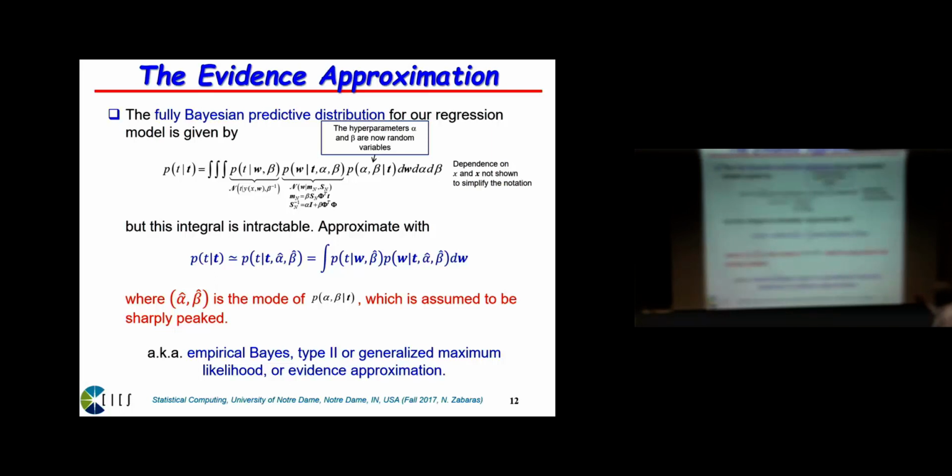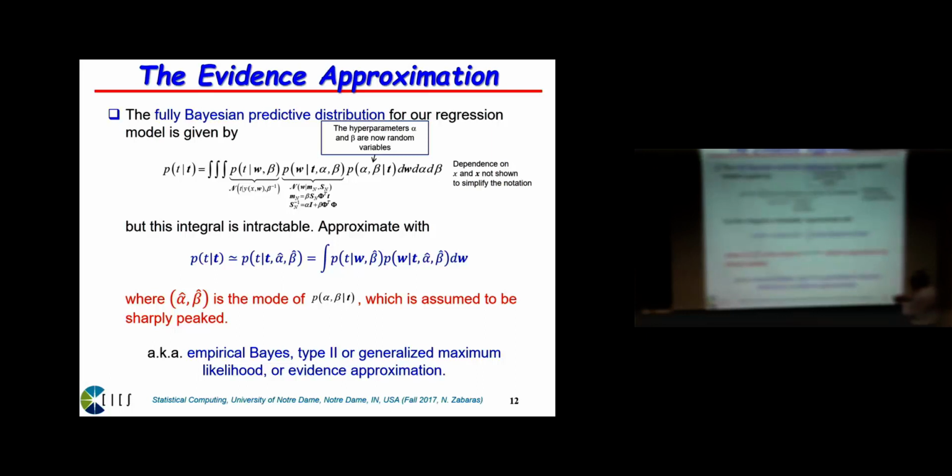So we're going to fix alpha and beta to some point estimates, and we're going to have to compute these point estimates. And the way we're going to compute them, we're going to take these point estimates to be the mode of the posterior distribution of alpha and beta. So in other words, if we can compute a posterior distribution for alpha and beta, then the point estimate would be the most probable values of alpha and beta, which is the mode of that distribution.